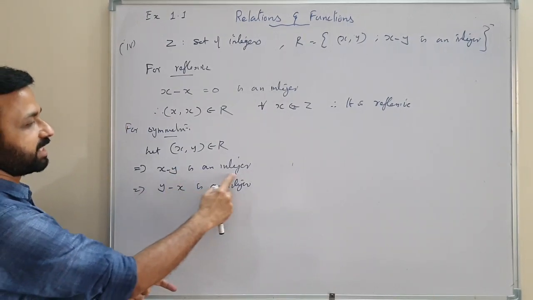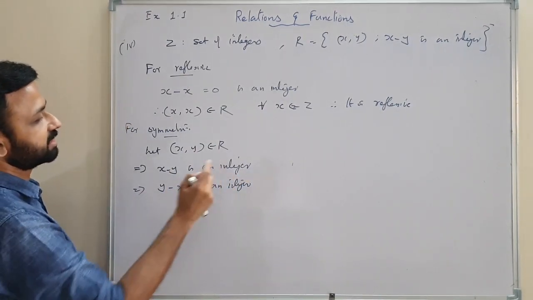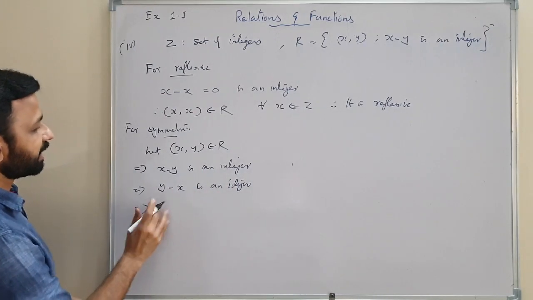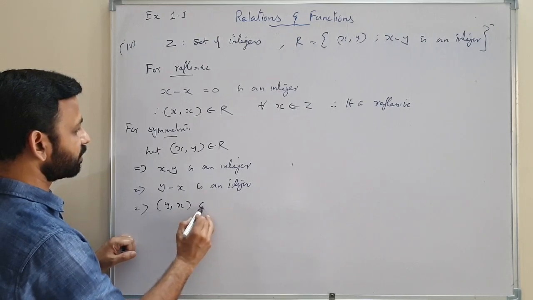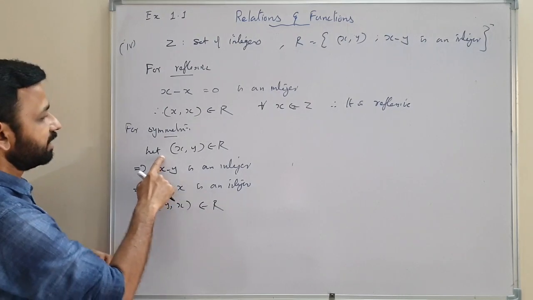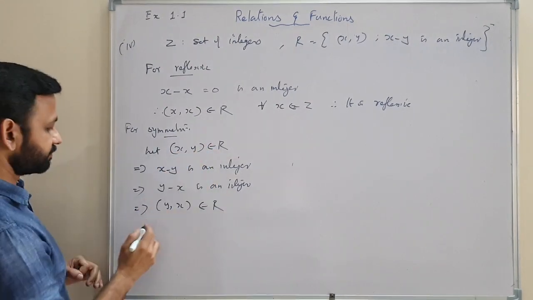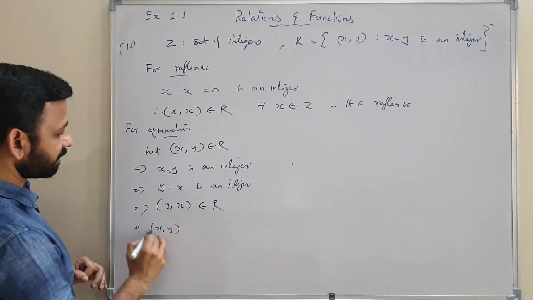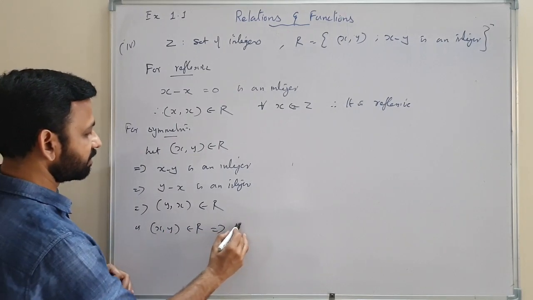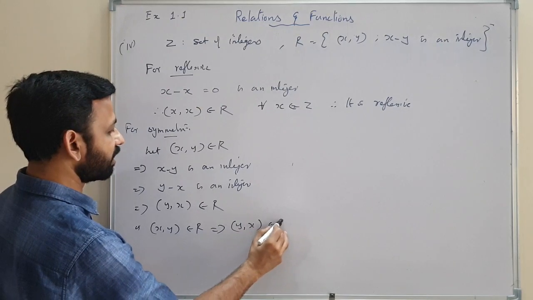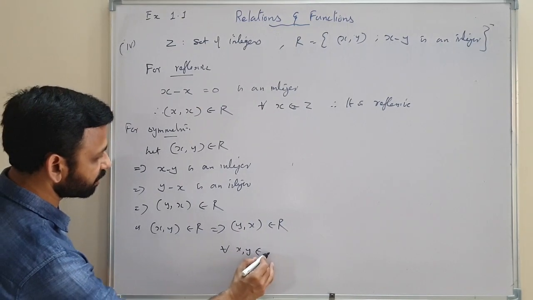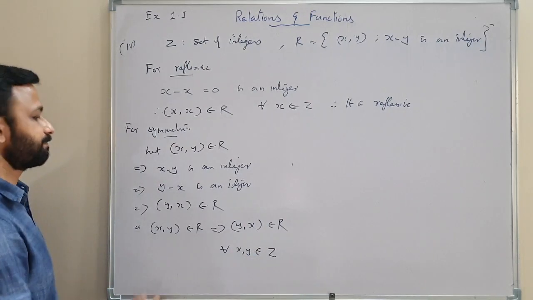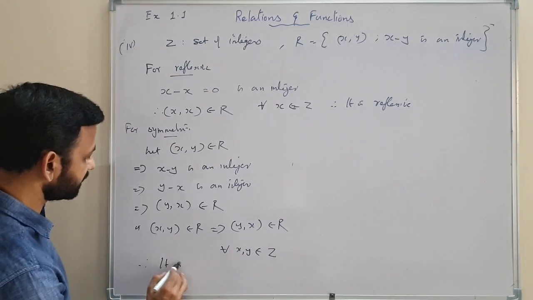So if x minus y is an integer, then y minus x is an integer. If y minus x is an integer, then (y, x) belongs to R. So here, (x, y) belongs to R implies (y, x) belongs to R for every x, y belongs to the set of integers. Therefore, it is symmetric.